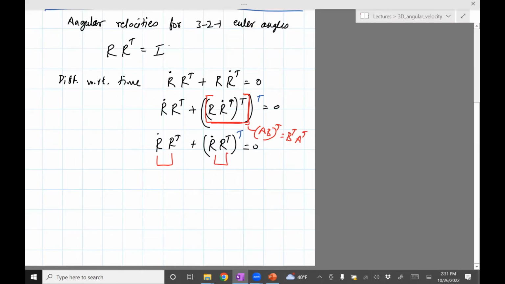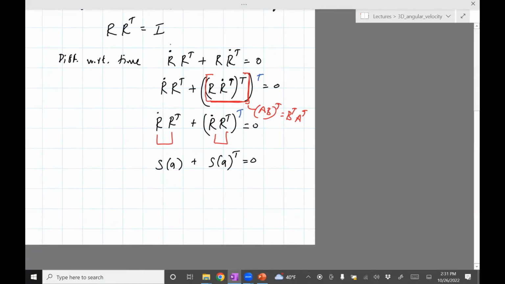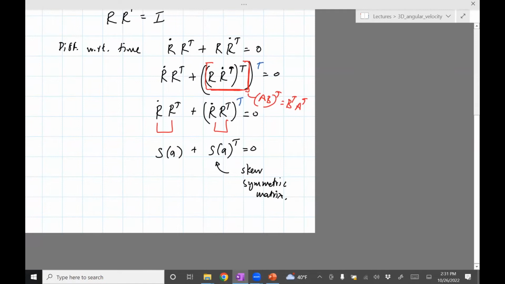So this is S of A plus S of A transpose equals 0, where S is a skew-symmetric matrix. I don't know what A is yet, but A has some bearing on the angular speed, as you'll see in a bit. So I've written S of A as R dot R transpose.